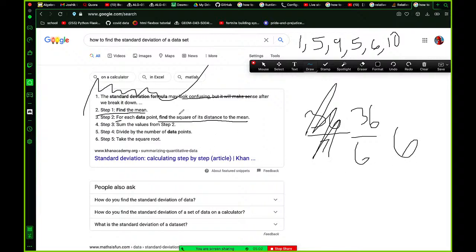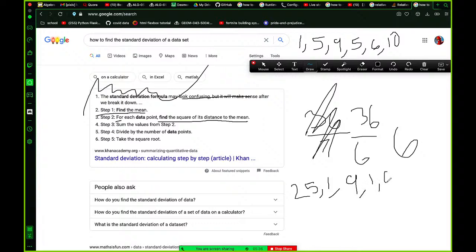Then for each data point, find the distance and then square it. So basically, we're just going to be creating a new data set. The difference between 1 and 6 is 5, and 5 squared is 25. 6 minus 5 is 1, 1 squared is 1. 9 minus 6 is 3, 3 squared is 9. 6 minus 5 is 1, 1 squared is 1.